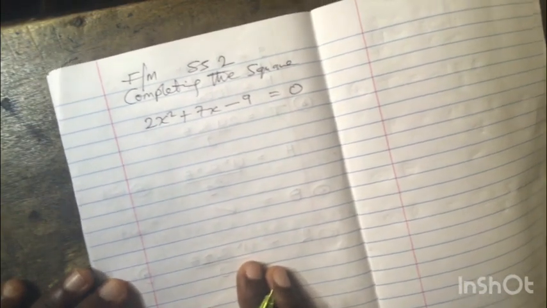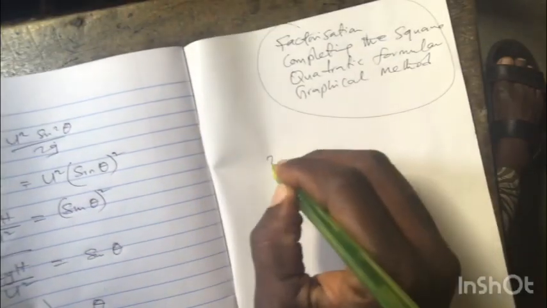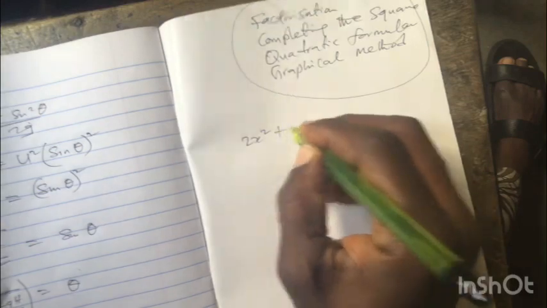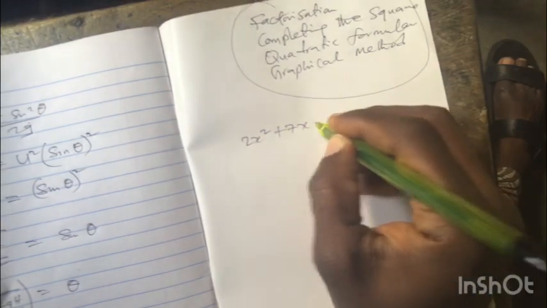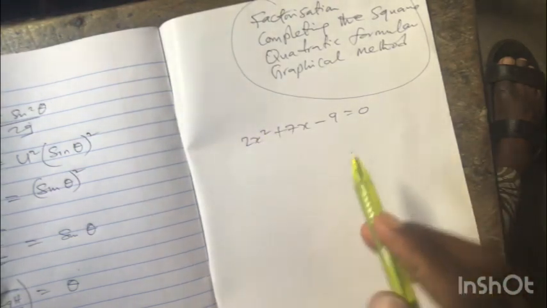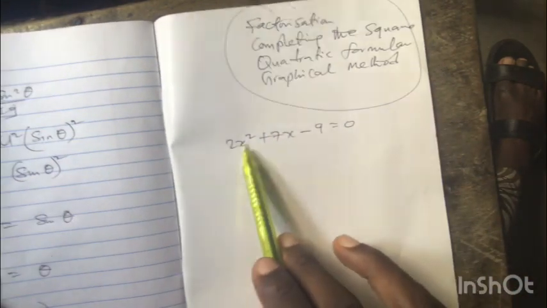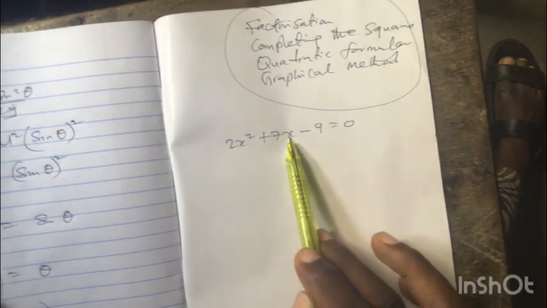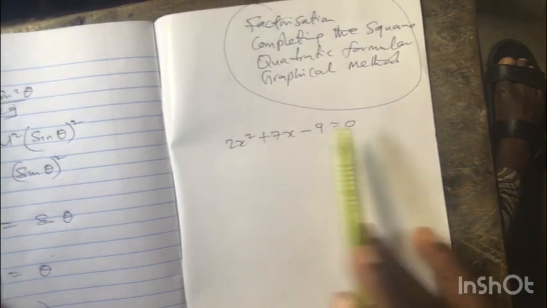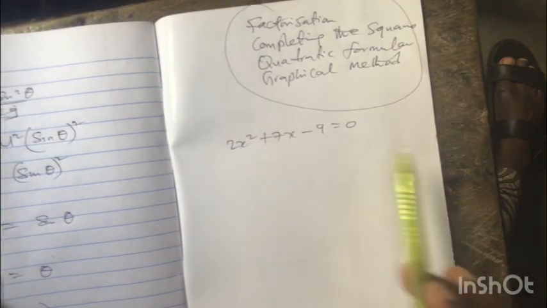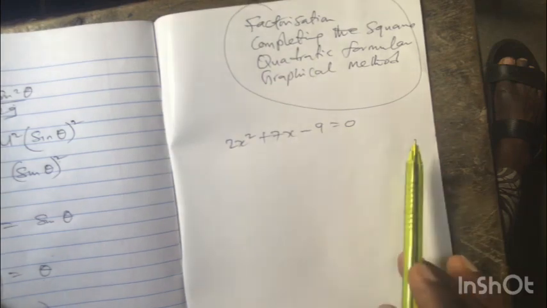Now, let me also tell you that this equation has a general form. Like you have 2x squared plus 7x minus 9 equal to 0. You discover you have x squared. The next term, x raised to power 1, invisible 1. Then the last one has no x.